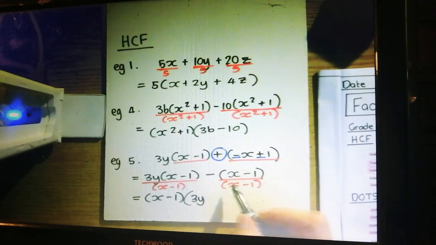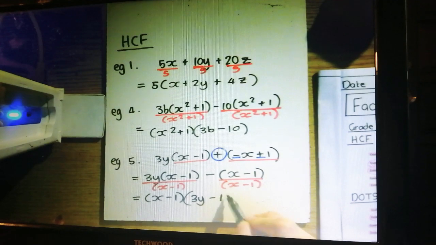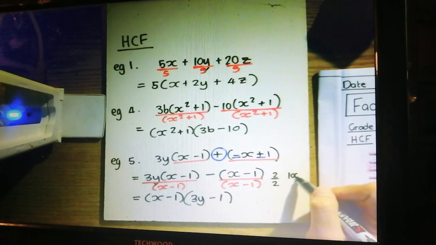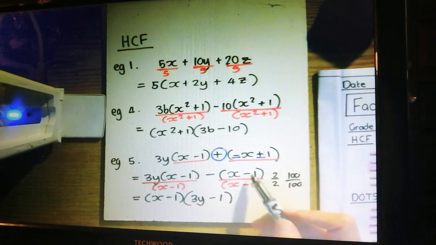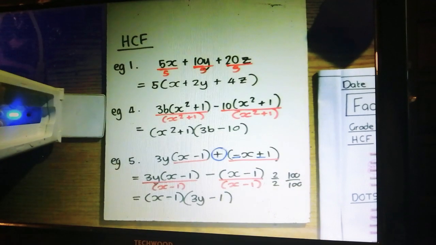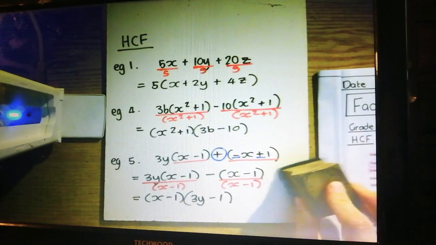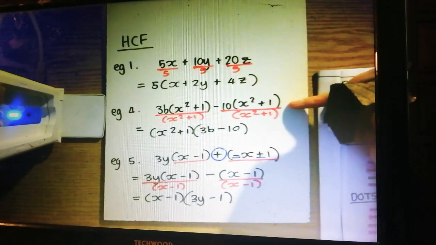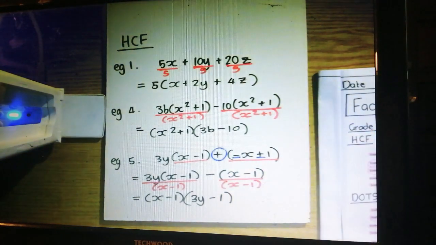And what am I left with here when I divide by x minus 1? Not 0, but rather 1. Remember, anything divided by itself is 1. 2 divided by 2, 1. 100 divided by 100, 1. A bracket divided by itself, 1. And that is my HCF examples. Taking out an HCF, taking out a common bracket, and doing sign change.